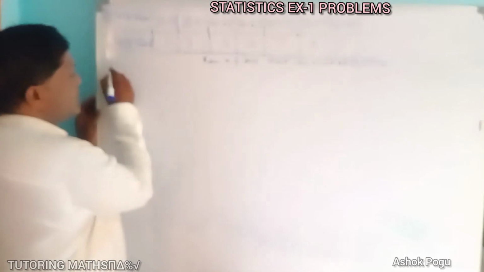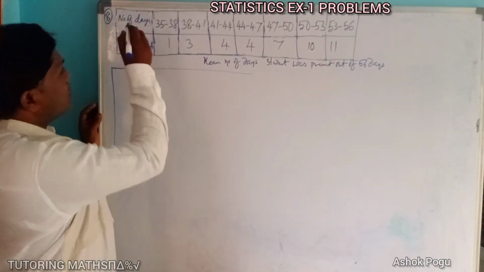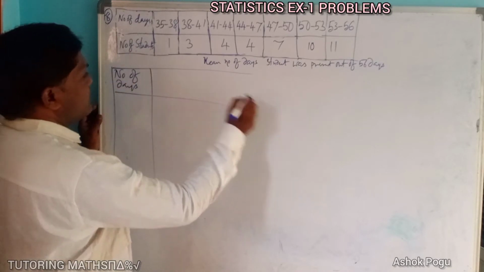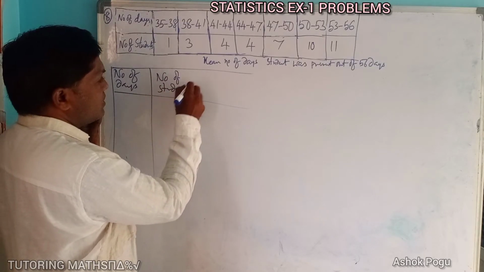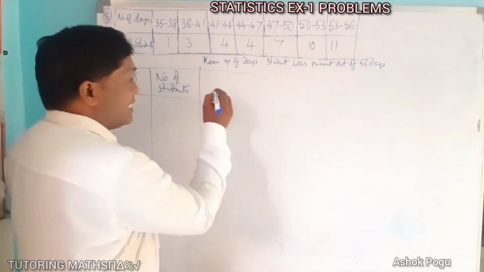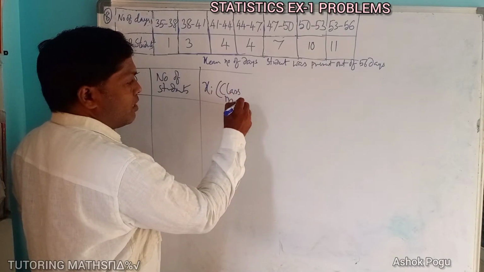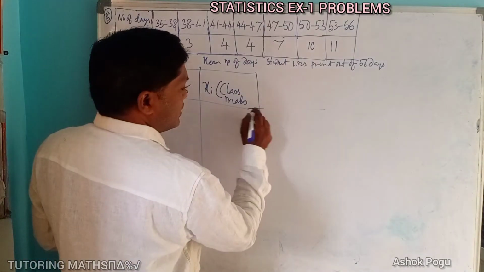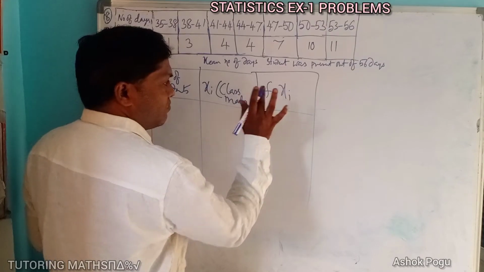So let us take the data and classify it first. The first column is the number of days, the second column is the number of students, the third column is xi, the class marks, which we can also call mid values, and finally fi xi.